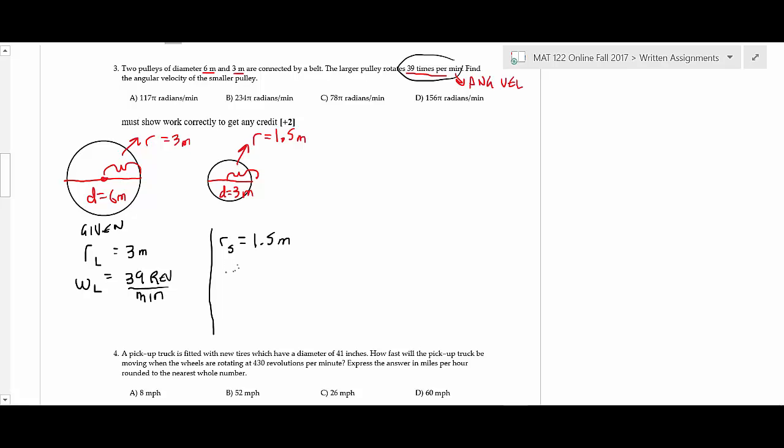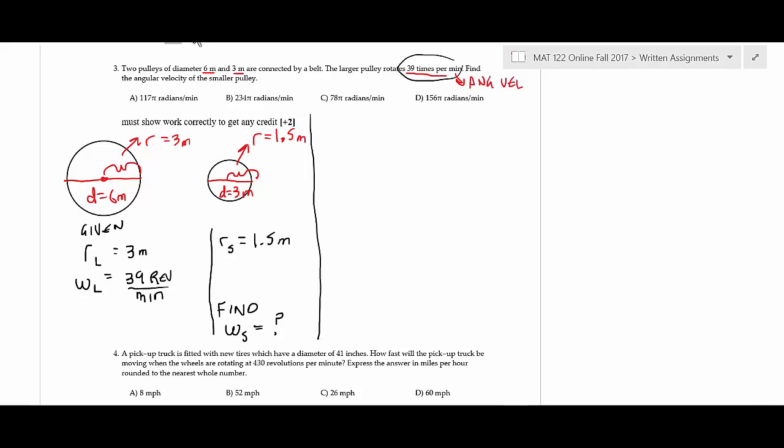Now what we're trying to ultimately find is the angular velocity of the smaller pulley. So this is always an excellent approach to these problems: write down what you're given, identify what you're trying to find, and then think through the formulas you have to use.